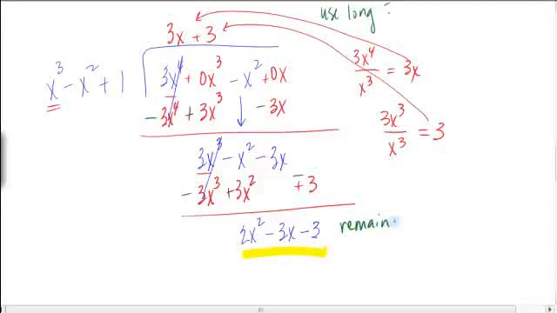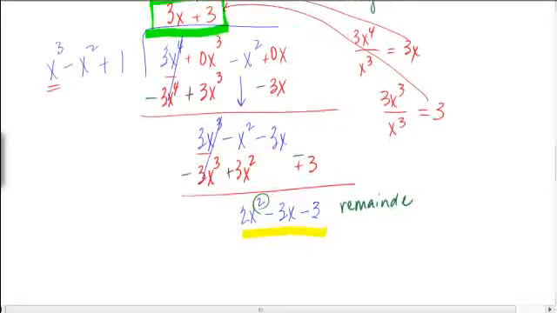I know that because this x squared is less than x cubed. So I know that when this term is less than what I started with on the outside, this is my remainder. And the only thing that I am interested in after all of this long division is this part up here that's left. That turns out to be the oblique asymptote.